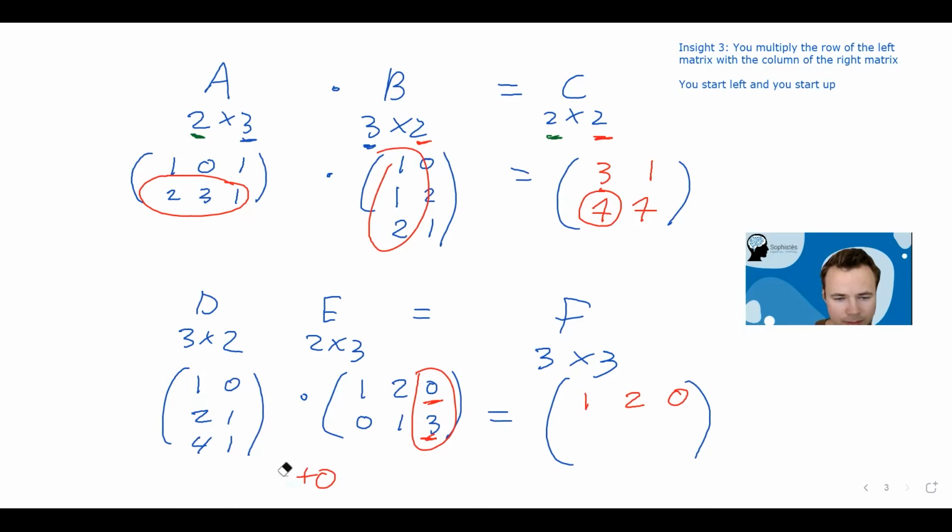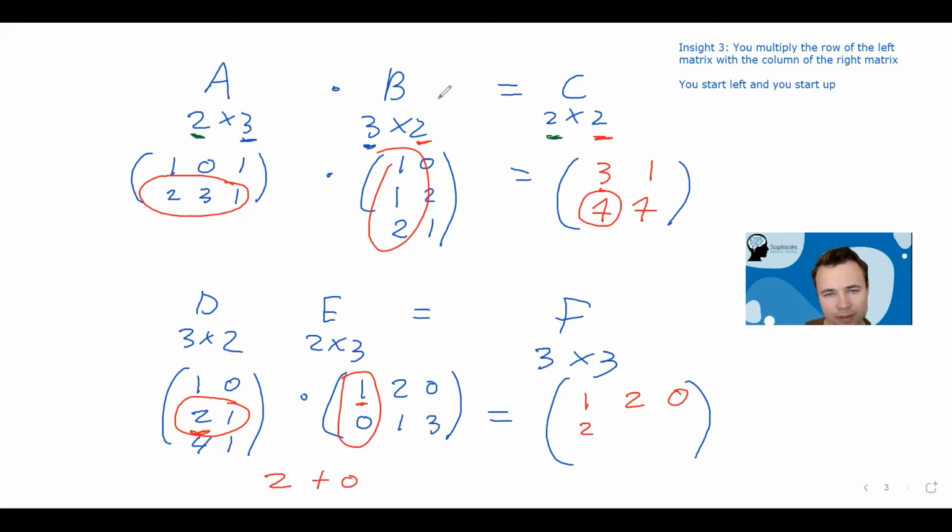Okay. Let's do some more. Here I want to have the element in row 2, column 1. So I of course use row 2, column 1. I start left and I start up. So 2 times 1 is 2, and 1 times 0 is 0. So I get a 2 here.